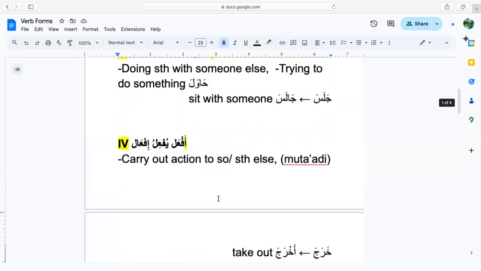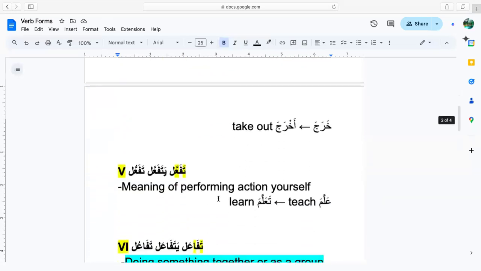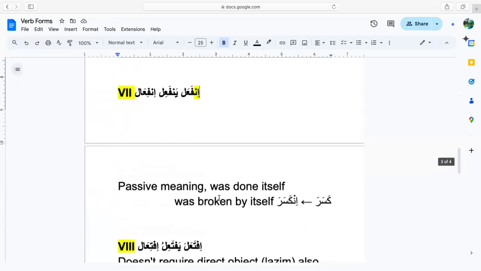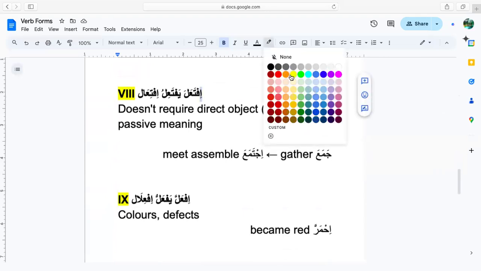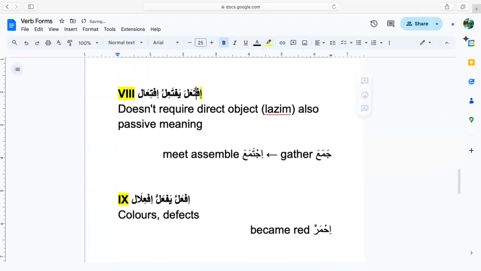So we've done numbers 3, 4, 5, 6, and 7. Now we go on to group 8, which is represented by this number that you'll see in the dictionaries and books. That is on the pattern of ifta'ala. So here we have the addition of the hamza al-wasl at the beginning, and the addition of the ta.